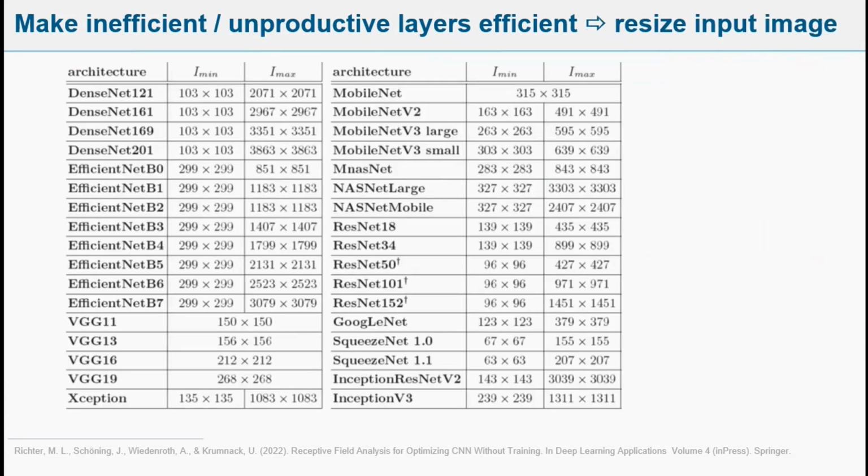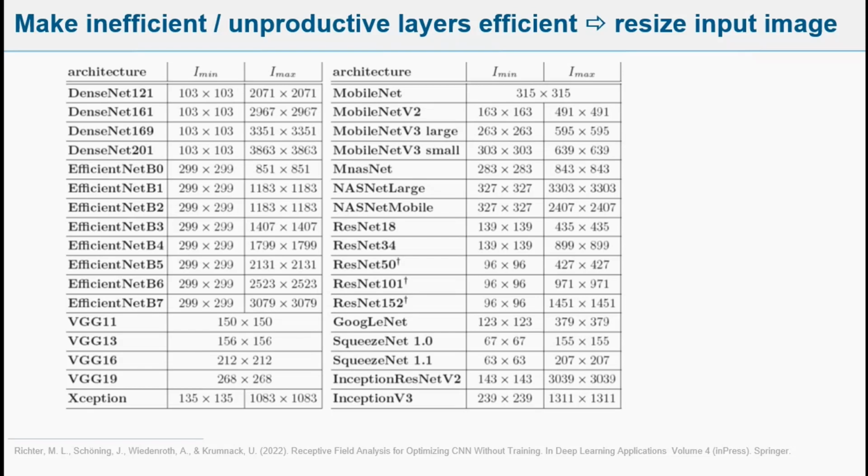And therefore, we came up with a table, and this table is based on the existing neural networks, the best input image sizes the researcher or the developer should use. So, for example, if you want to use the VGG 11, you should have input images of 150 by 150 pixels.